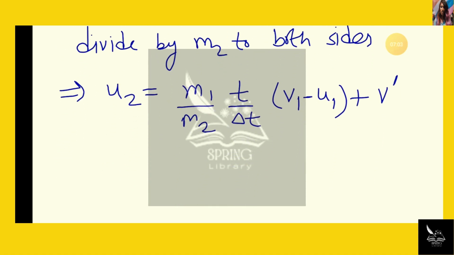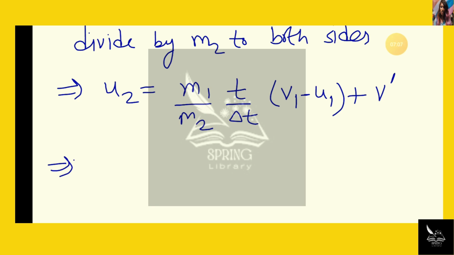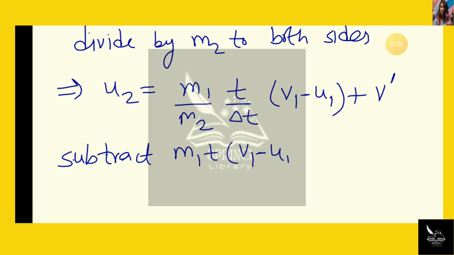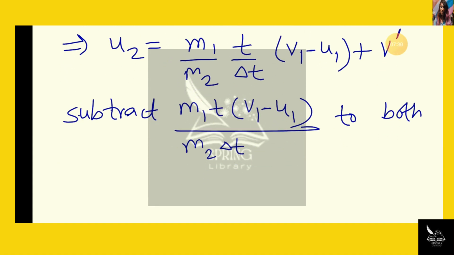Now the next step is to subtract m1 t times (v1 minus u1) divided by m2 Δt from both sides, and also switch the sides.